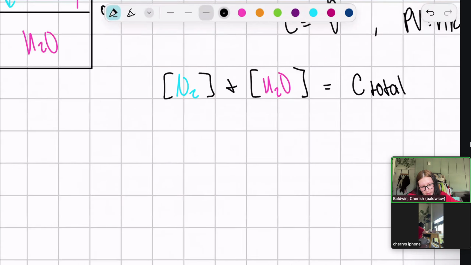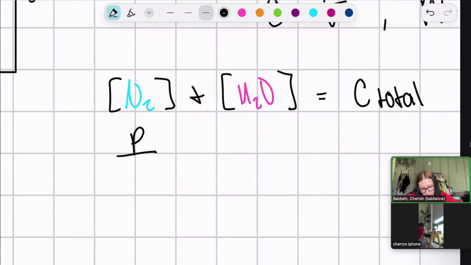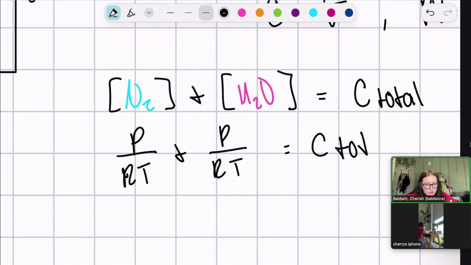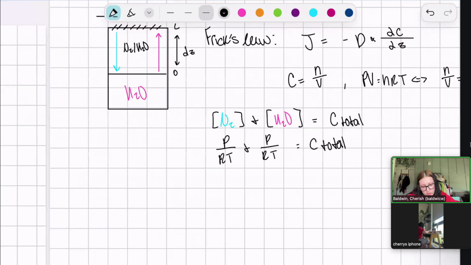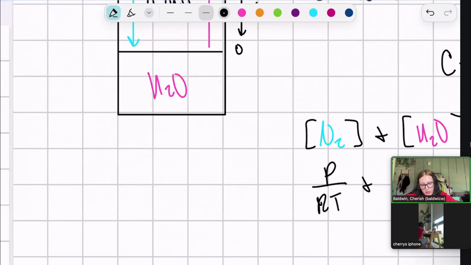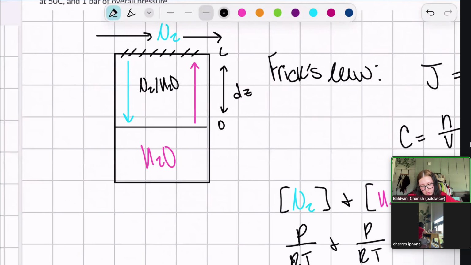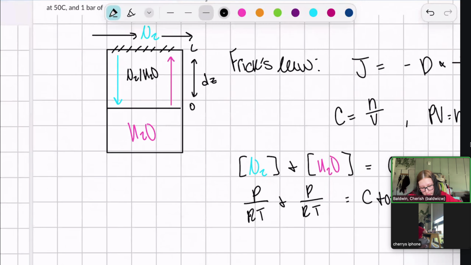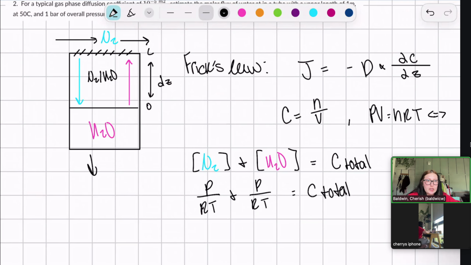So we can rewrite this as P over RT plus P over RT is equal to the total concentration. And because of the screen, there is no pressure gradient, so that gives us only a concentration gradient.